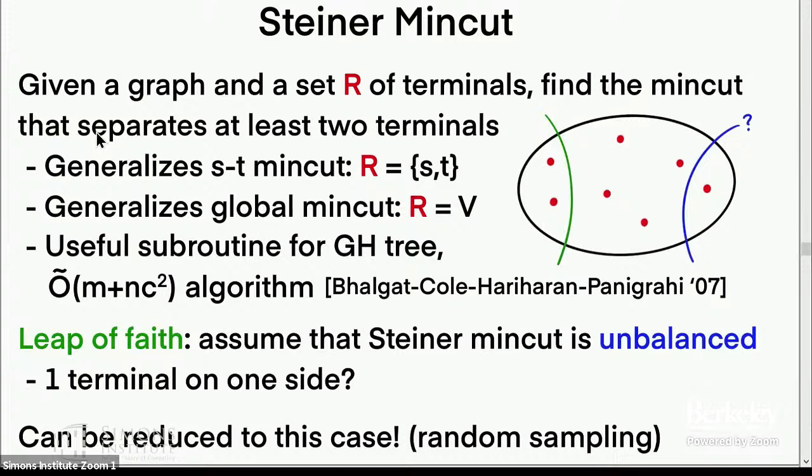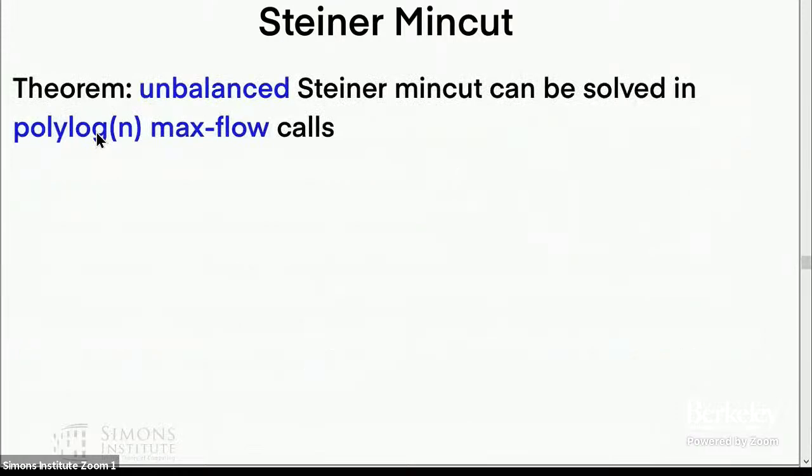came together immediately. So in particular, why is this general enough? Turns out you can reduce general cases to this unbalanced case by random sampling. And we'll see this later. It's very simple. Okay, so the theorem I want to cover in the last 3 or so minutes is that, first of all, the unbalanced Steiner min cut can be solved in polylog max flows.